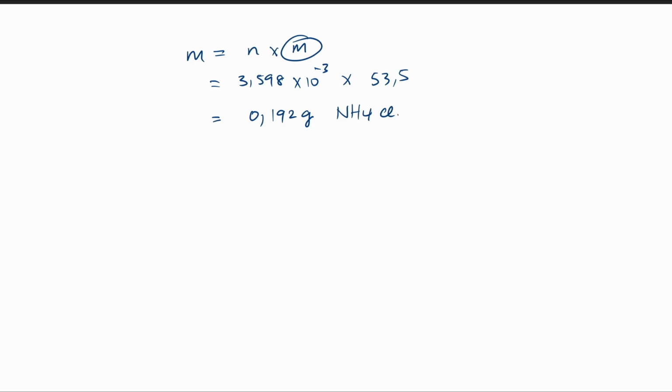Now from here we can calculate the mass. So the mass here is going to equal number of moles times molar mass. Number of moles is 3,598 times 10 to the minus 3. The molar mass of NH4Cl is 53,5, and that tells us that we have 0,192 grams of NH4Cl.